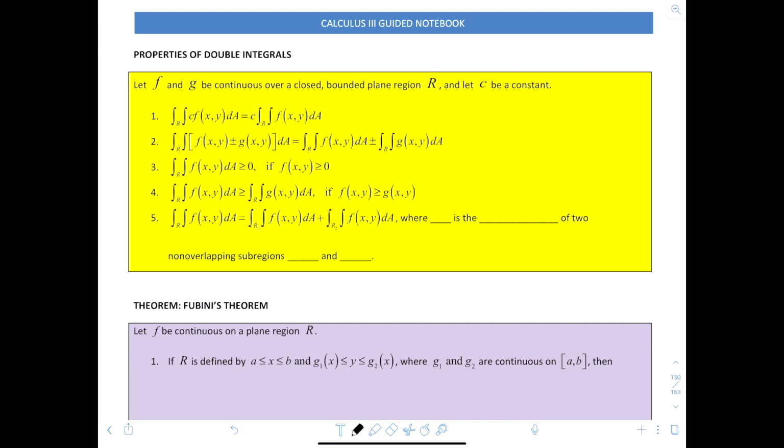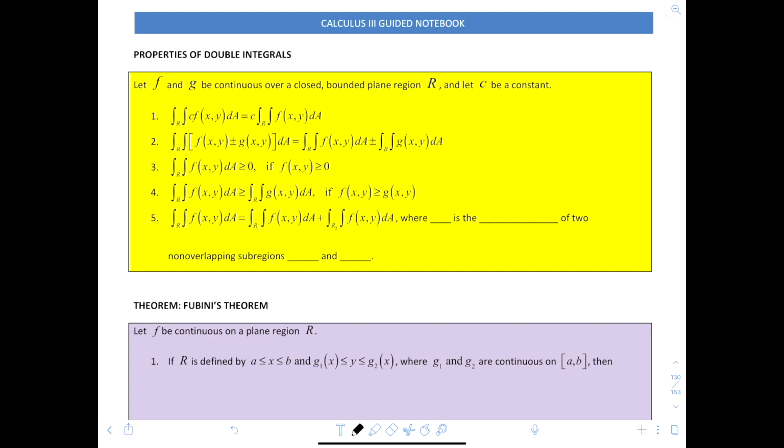If you have a sum or difference of functions of x and y, you can split the iterated integrals. Your integral is always going to be greater than or equal to 0 as long as f of x and y is greater than or equal to 0. Okay, so that's important for volume.